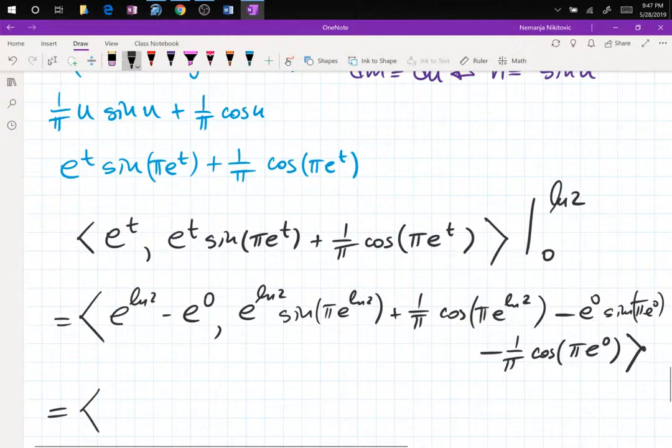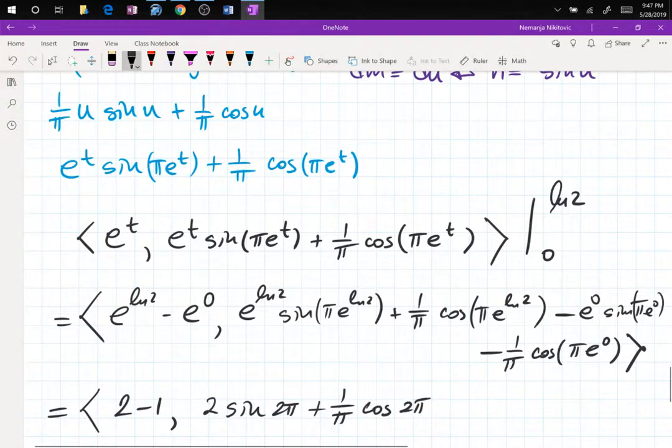E to the ln2 is 2, so I get 2 minus 1, comma, 2 times sine 2 pi plus 1 over pi cosine 2 pi minus, e to the 0 is 1, so it's just sine of pi minus 1 over pi cosine pi.